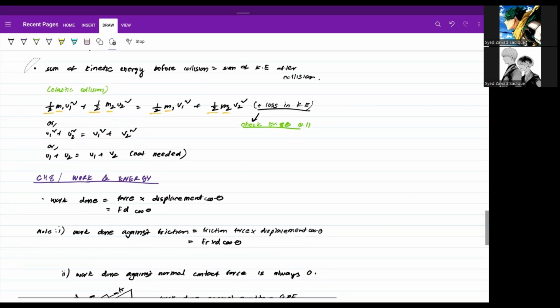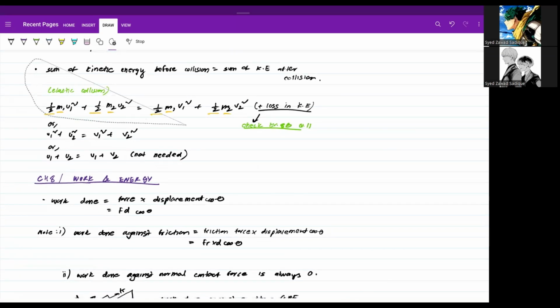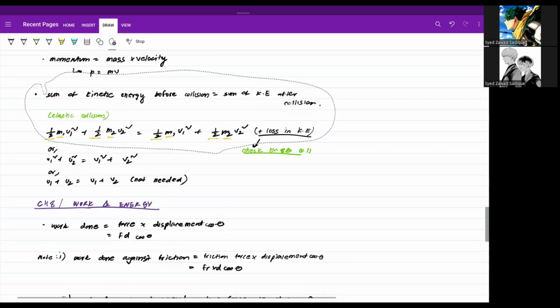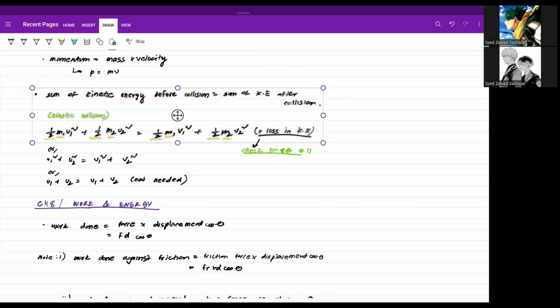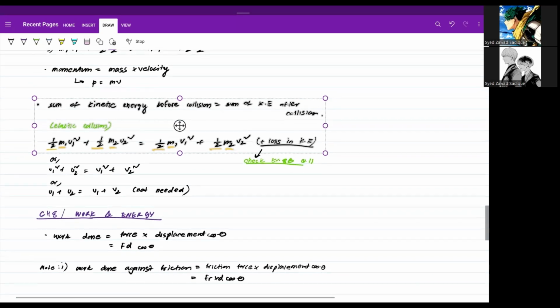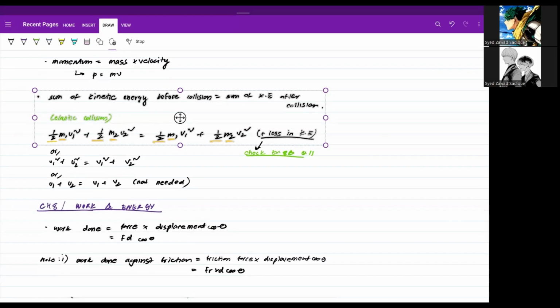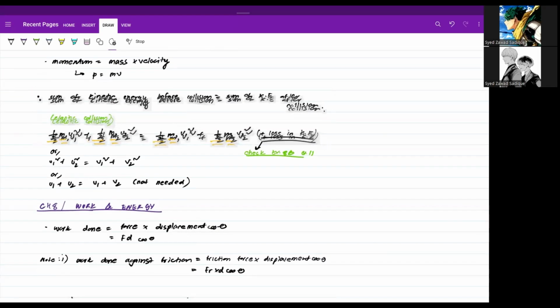How do I copy this? Can I copy this? Not sure if I can.